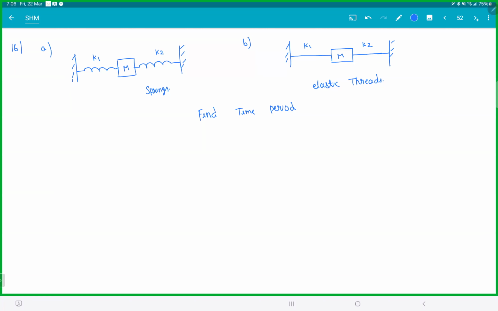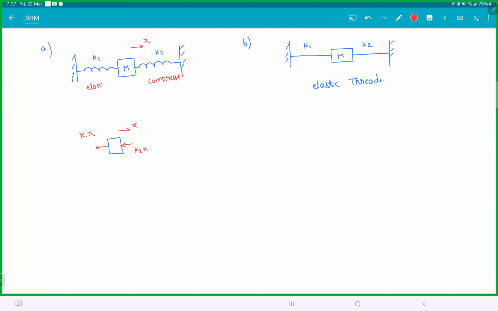See, the catch in this question, right? If I displace this by X, what is the force? This one will push by K2X because it got compressed. This one will pull by K1X because it got elongated. If you push this by X, this gets compressed, so it will push you back.